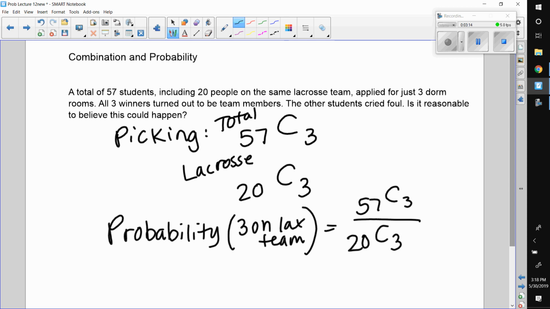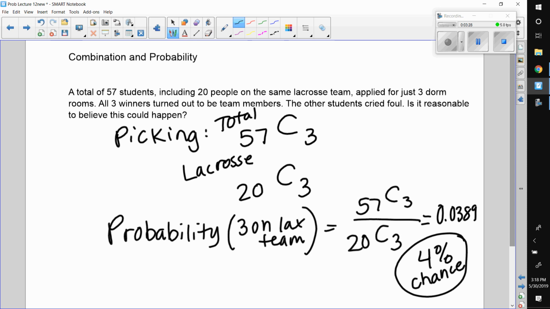If you do this in your calculator, you're going to end up with about 0.0389 or about a 4% chance, which I'd say is not really great. So perhaps something did happen, and this was actually a correct thing for them to say.